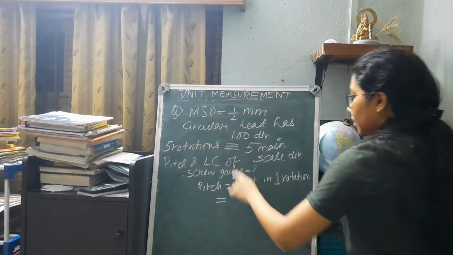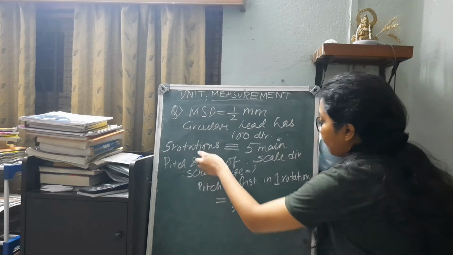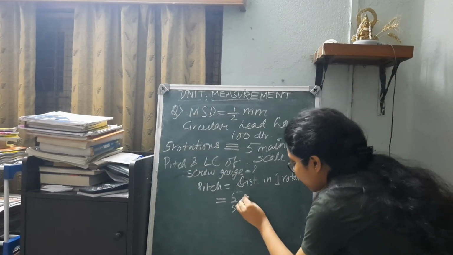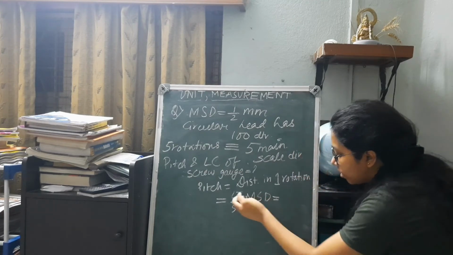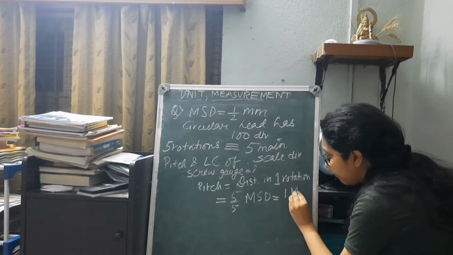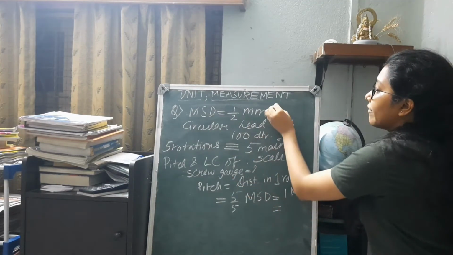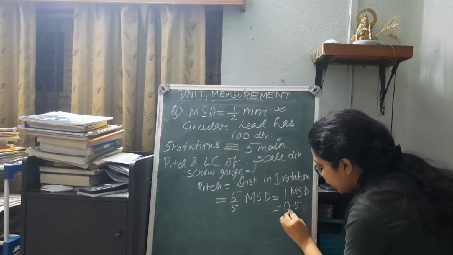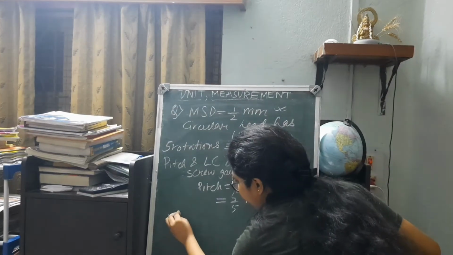So for one rotation it will be 5 by 5 main scale division, which is one main scale division, and in the question it has been provided that one main scale division is half a millimeter. Half millimeter means 0.5 mm.